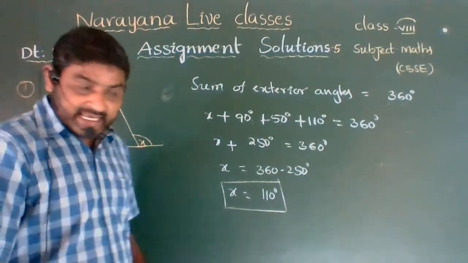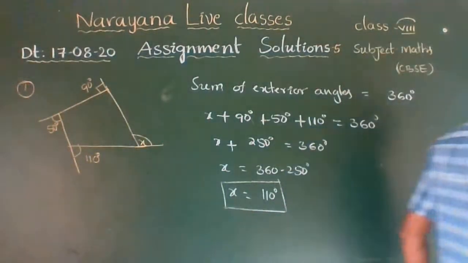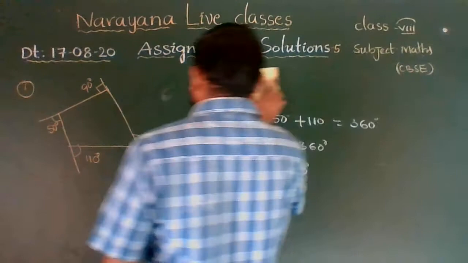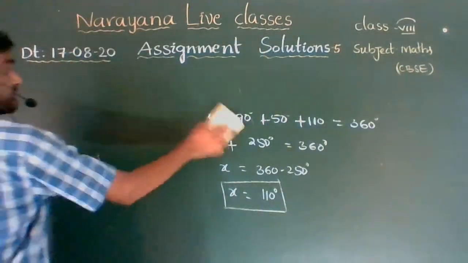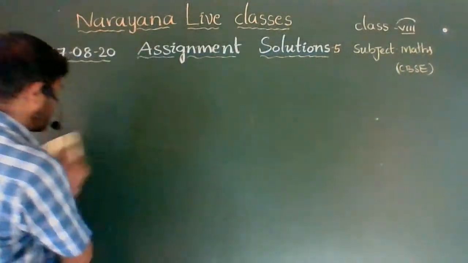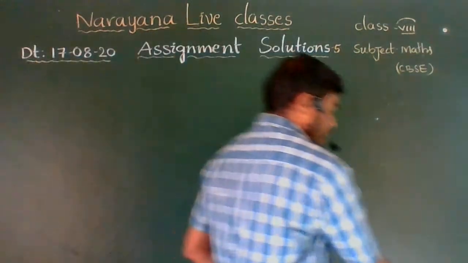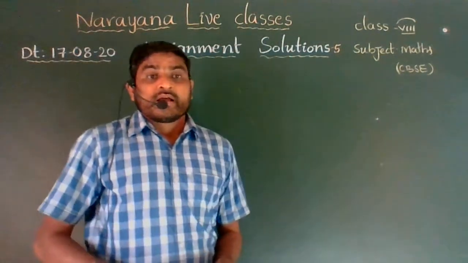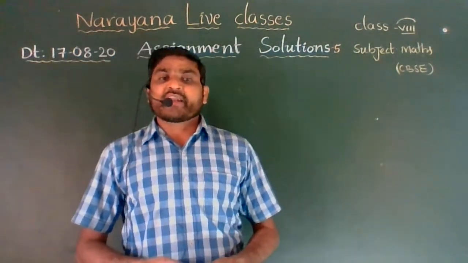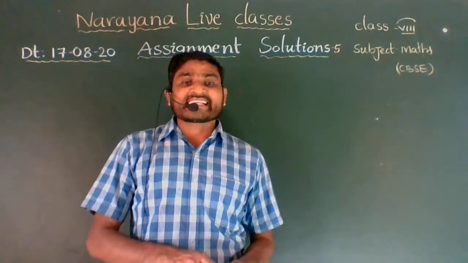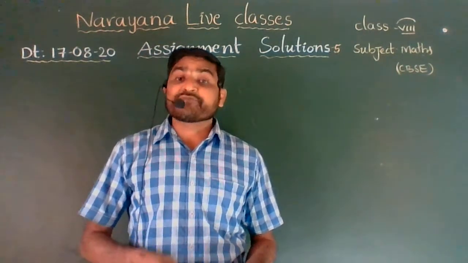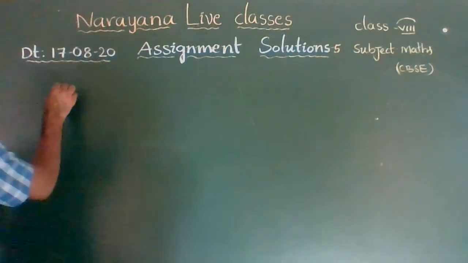Let me explain the second one. Find the number of sides of a regular polygon whose each exterior angle has a measure of 45 degrees, is the second sum.